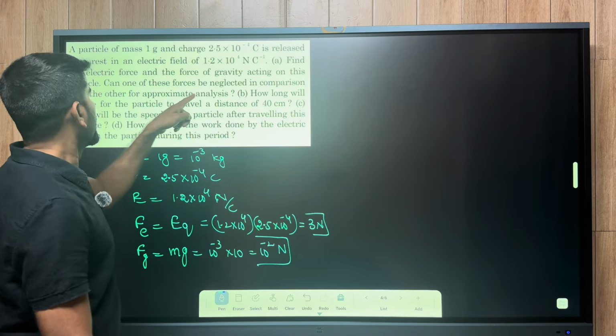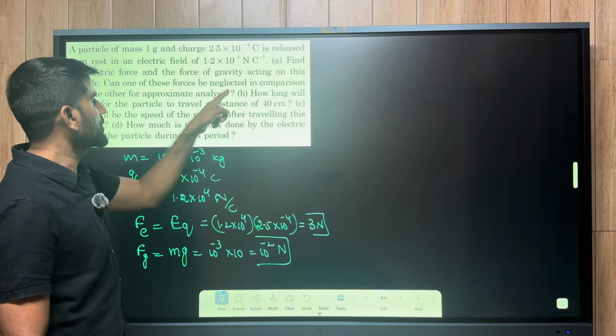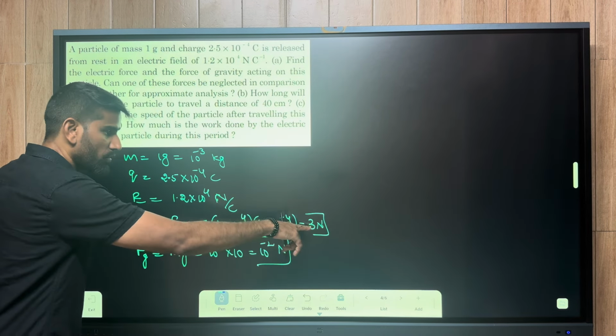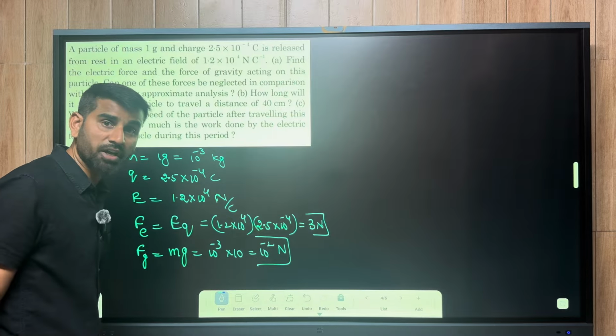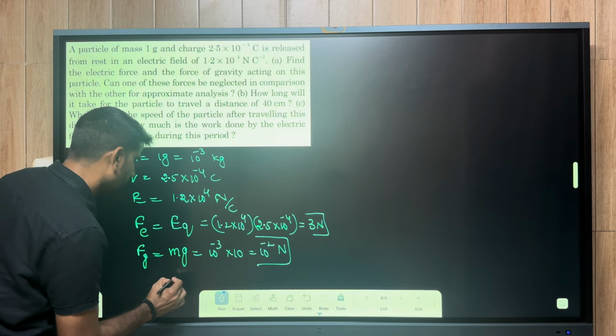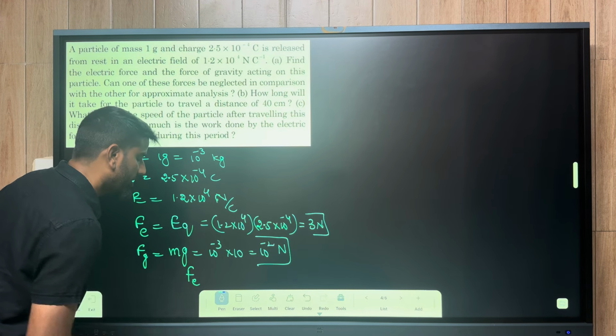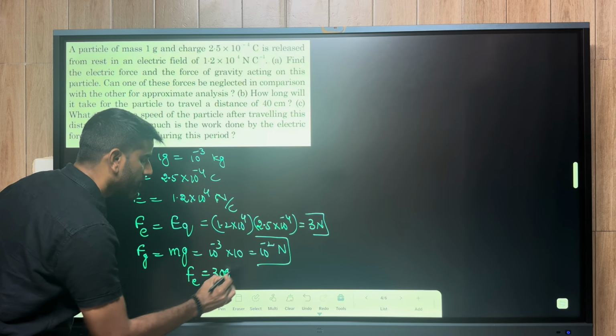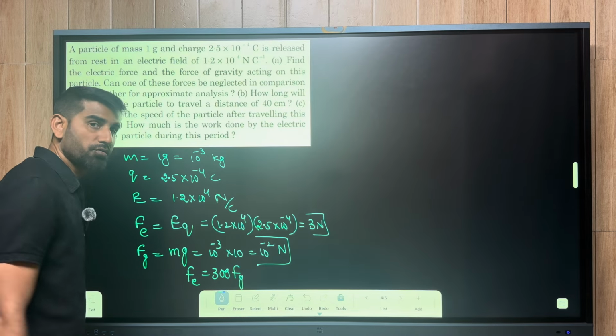Now the question is still extended. Can one of these forces be neglected in comparison with the other? Yes, of course. One force is 3 newtons, the other force is 10 to the minus 2 newtons. That means force due to electric field is equal to 300 times force due to gravity.